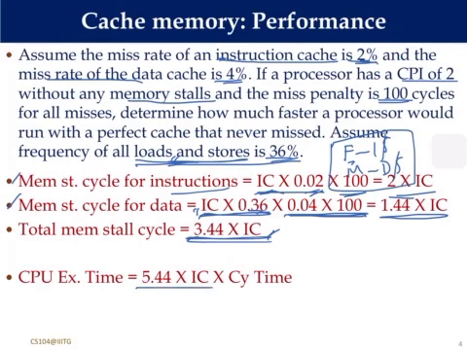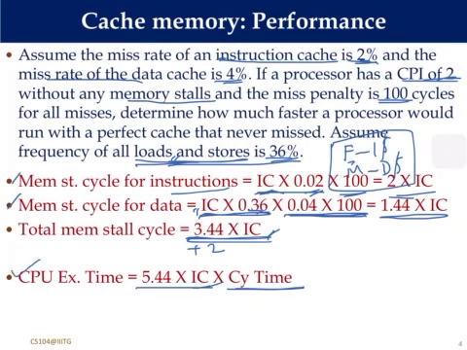You are given that in the ideal scenario CPI is 2, so for CPU purposes we spend 2 cycles per instruction. So 2 plus 3.44 is 5.44 into instruction count, and the CPU cycle time is given as cycle time, so that is the CPU execution time.